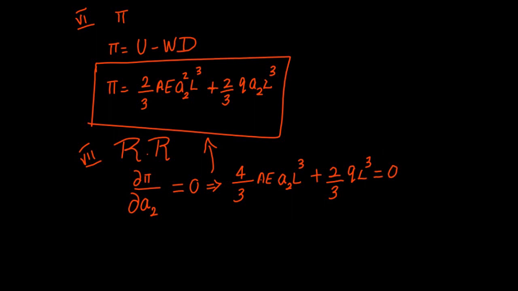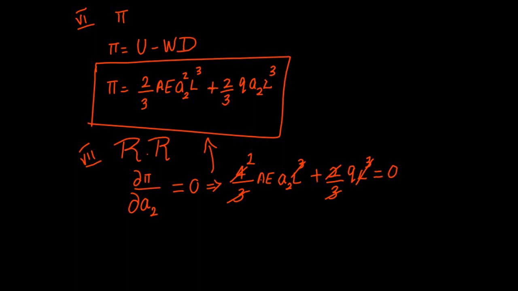So you can cancel L cube on the left side and the right side, and also divide by 2. Now you also multiply by 3 on both sides and cancel that out, so you get the value of A2.